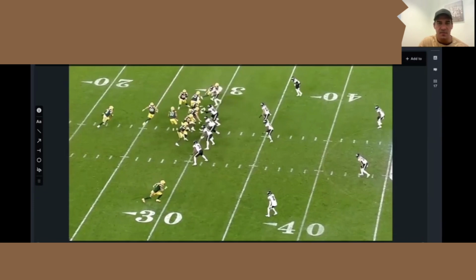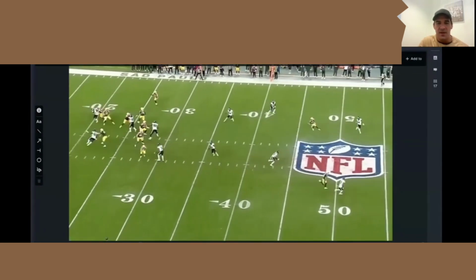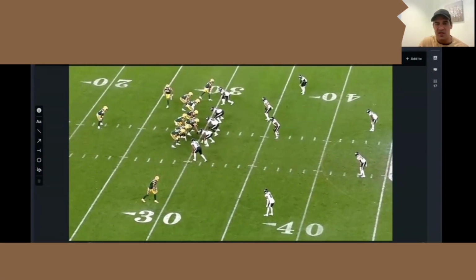Big thing, huge thing, honestly, in coverage for linebackers is knowing what to do in play action. All right, here's a good example. I'll give you a hint. One of these guys gets it right, the other one gets it wrong. You want to guess before the snap? I'm going to say N'Kobe Dean does it right. Yeah, of course.